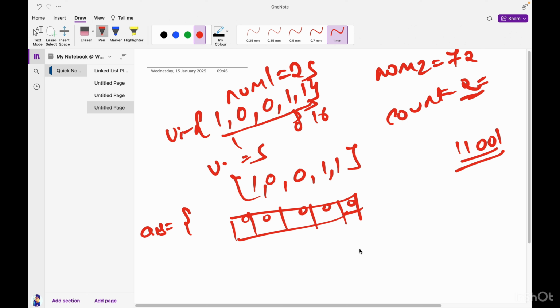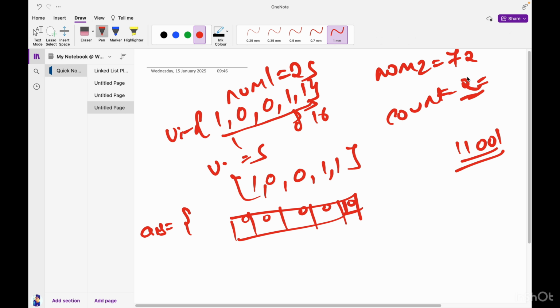Now what we will do, we will start counting. Is the count equal to 0? No. So we will check the highest MSB present here. The MSB present is, for 1, this one. We have put 1 here.